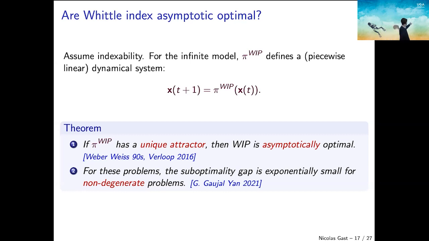Fixed point means that pi^Whip of x is equal to x. And this fixed point is the unique solution of my LP. Do I interpret pi^Whip as a matrix? No, sorry. So pi^Whip is the Whittle index policy. So this dynamical system, in fact, is a piecewise linear system.